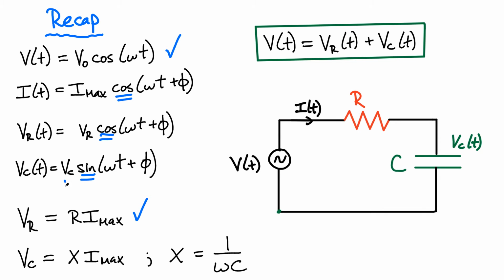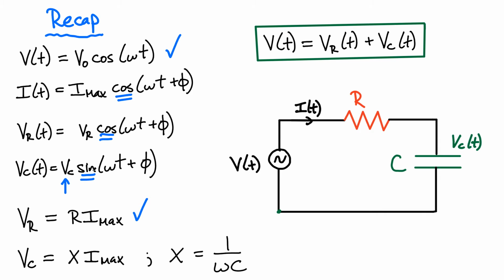We were able to write the amplitude of the voltage across this capacitor in a form that looks like Ohm's law. It depends on the maximum current, and the term that multiplies the maximum current is called the reactance, which for this case is given by this expression over here.